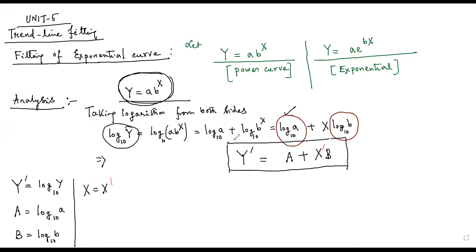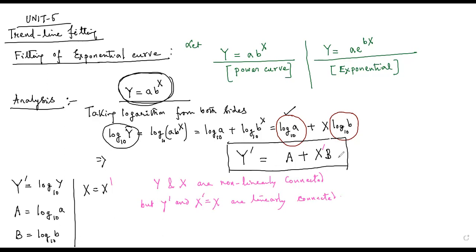So you can say that y and x are non-linearly connected, but y prime and x prime, equal to x, are linearly connected.